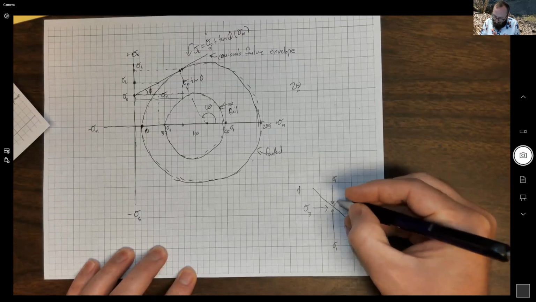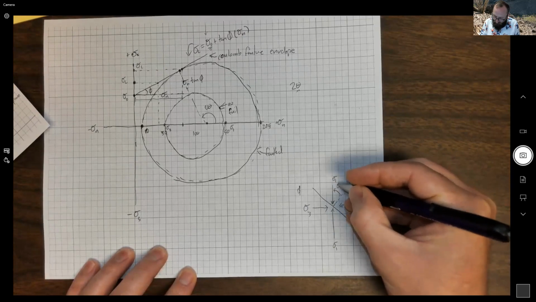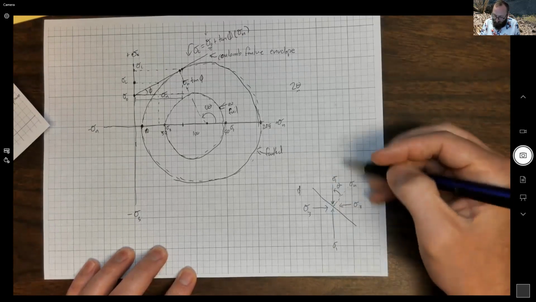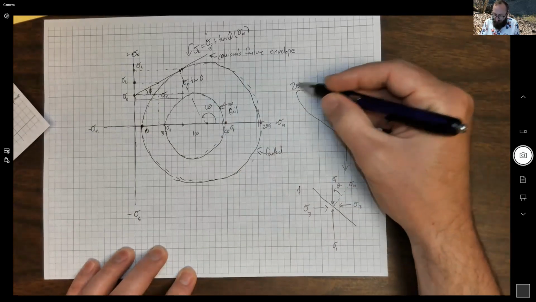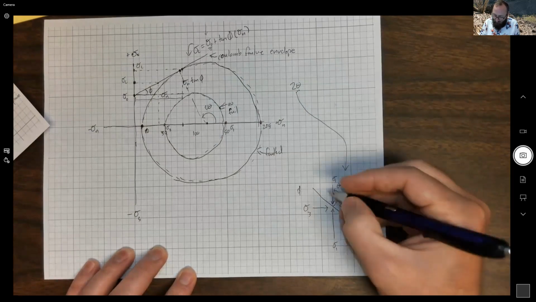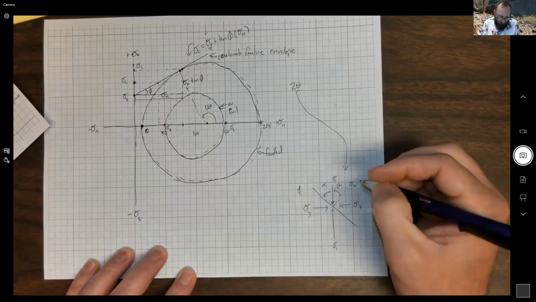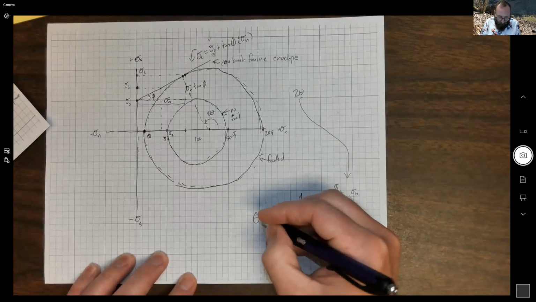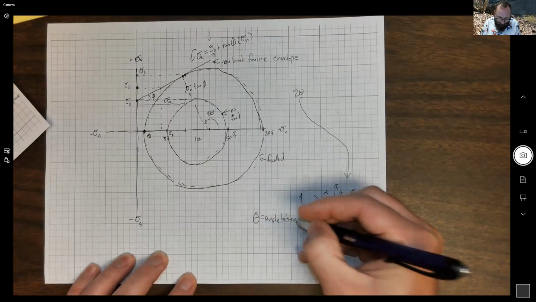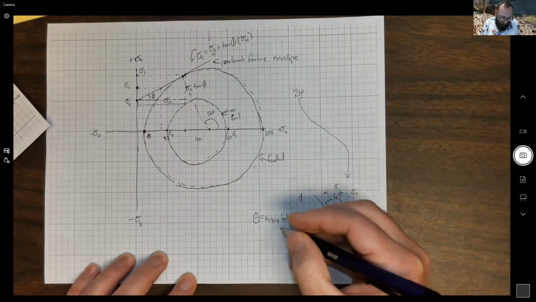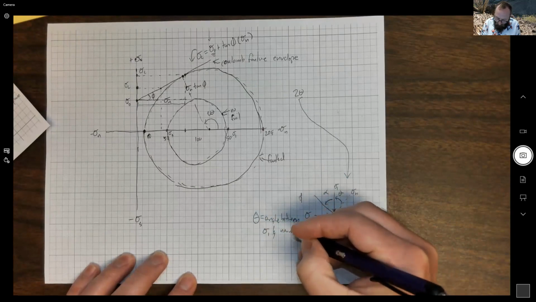So normal to the plane is this, sigma n. This angle here is theta. So this is 2 theta, we just take half of our 2 theta here, put it in here. And then this remaining angle is what we call alpha. So theta equals the angle between sigma 1 and the normal to the plane.